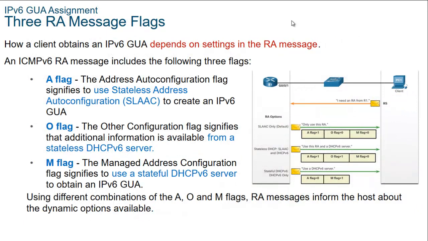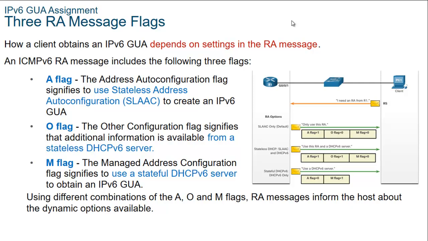So how does a router know which one of the three is in play? How a client obtains an IPv6 GUA depends on the settings in the RA message. In the RA message, there are three flags: the A flag, the O flag, and the M flag.